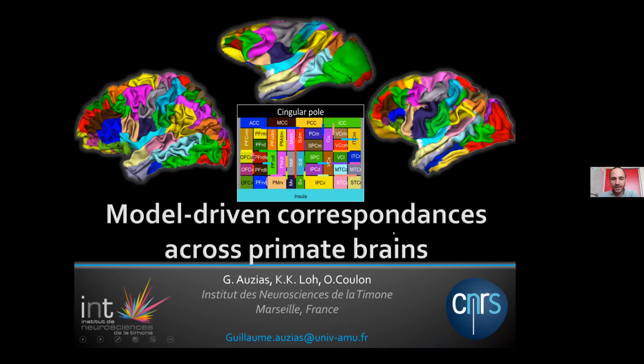Okay, so thank you, Céline. Everything that I will present is joint work with Kep Kilo and Olivier Coulon from the INT in Marseille. Today I will explain how we can propose a model that will be a formalization of the observations that have been shown by Céline.